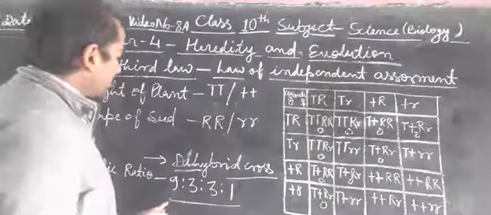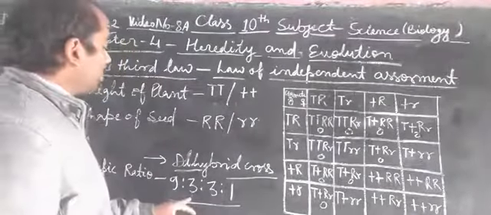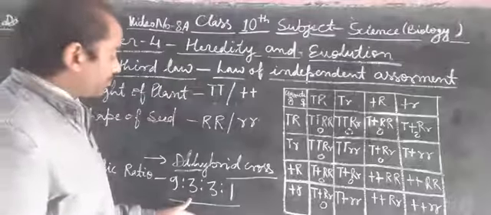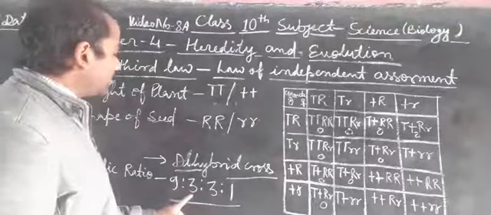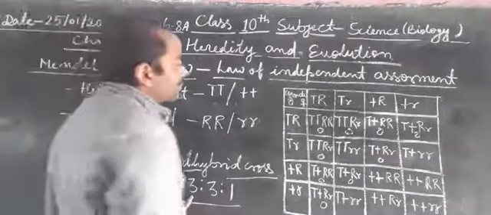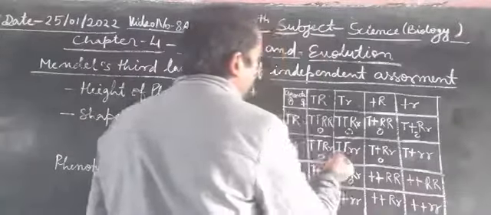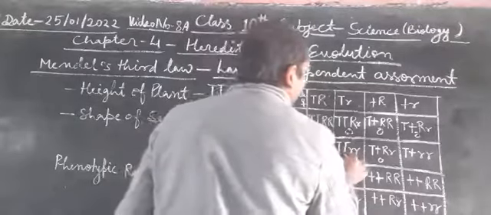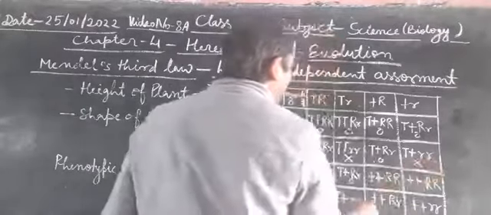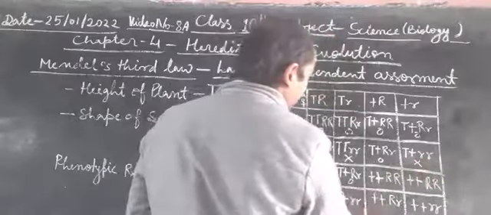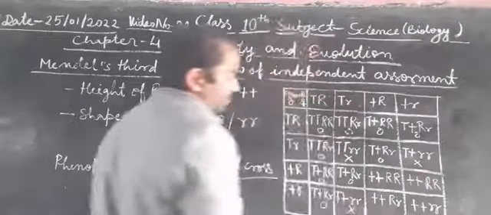Now next character, tall and wrinkled. Tall and wrinkled, 1. Tall and wrinkled, 2. Tall and wrinkled, 3.